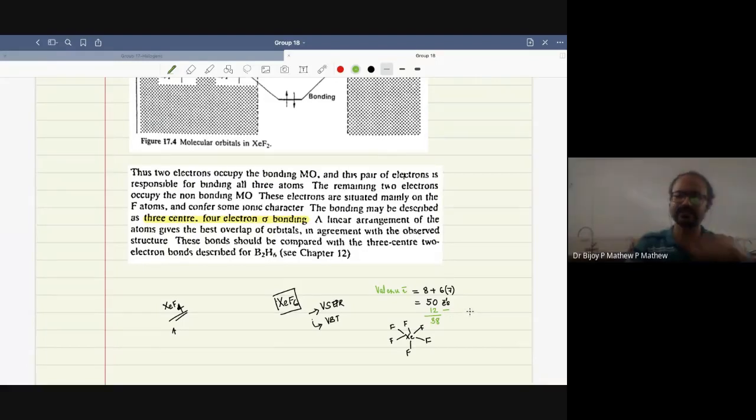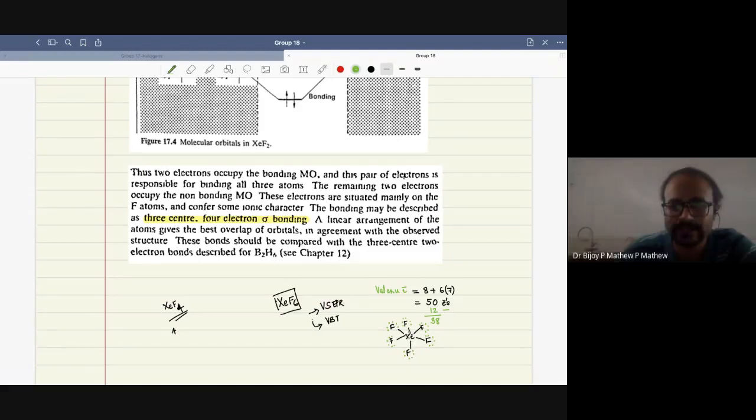We have 38 electrons remaining, so let us arrange them. 1, 2, 3, up to 36 on the fluorine atoms.